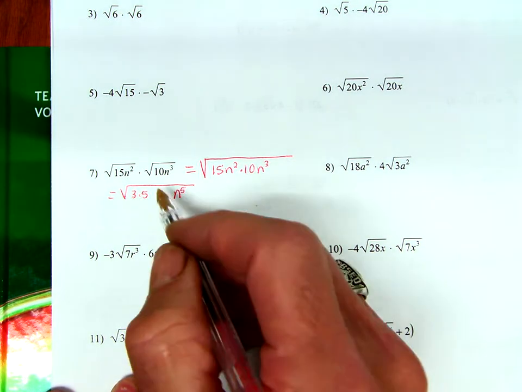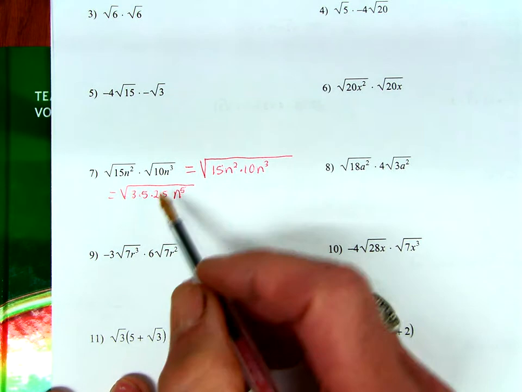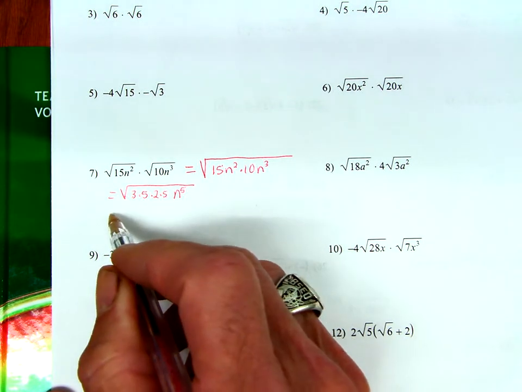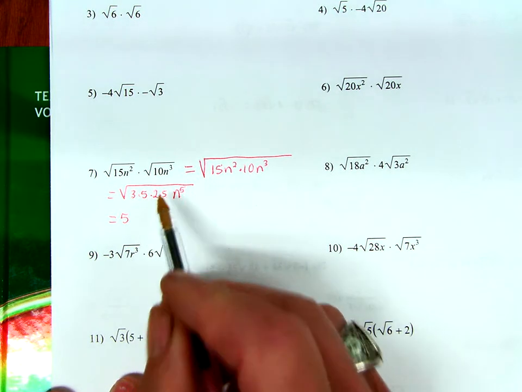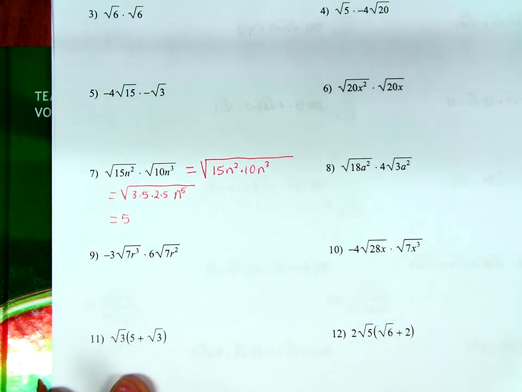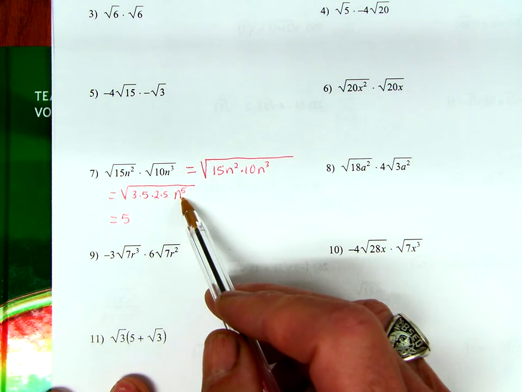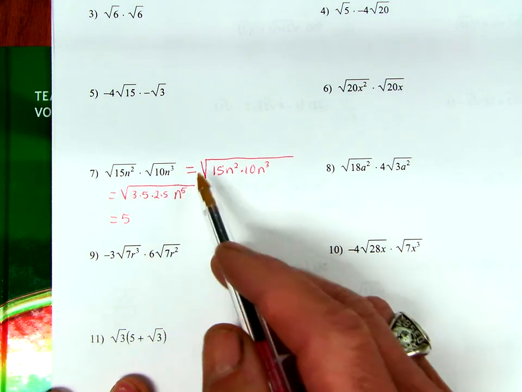Now the 10. The 10 is 2 times 5. Looky here, we have a pair. We have a pair of 5s. That comes out as a single 5. And there are no more pairs. Now here's a shortcut to doing variables or anything raised to a power on the inside of a radical.